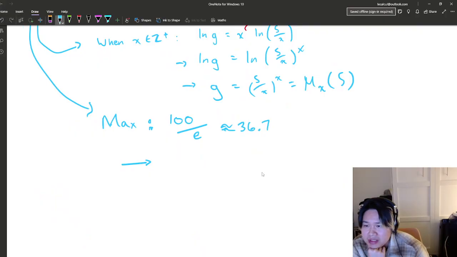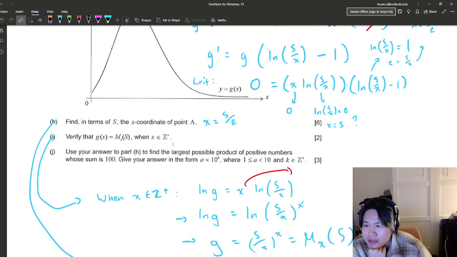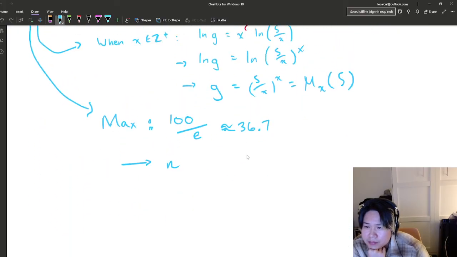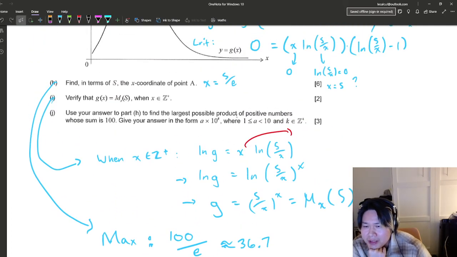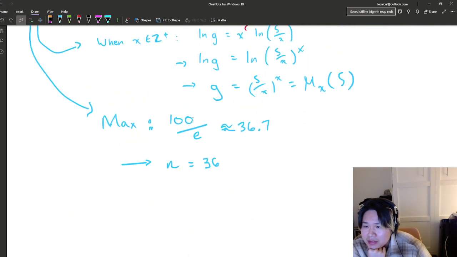So this means that N, or whatever you want to call it, wait, do I need to do this? I just want to find the largest possible product, right? Oh yeah, okay, so I need to know how many numbers there are, and 36.